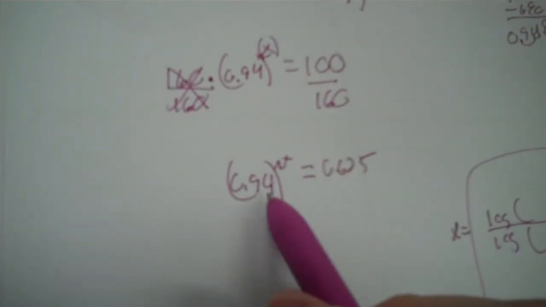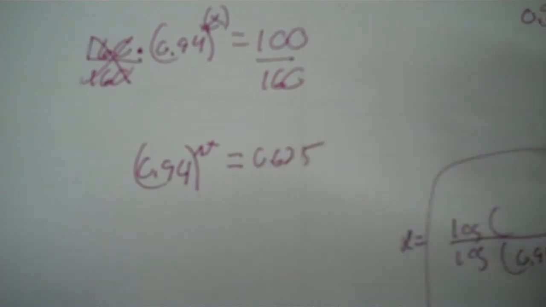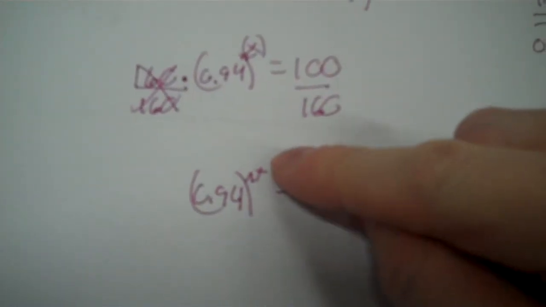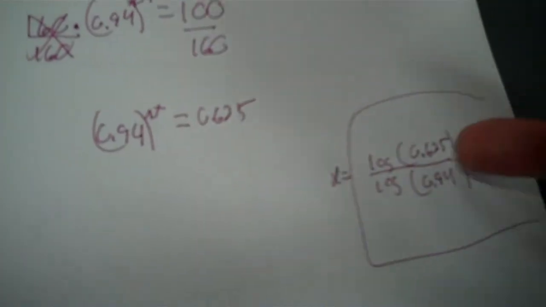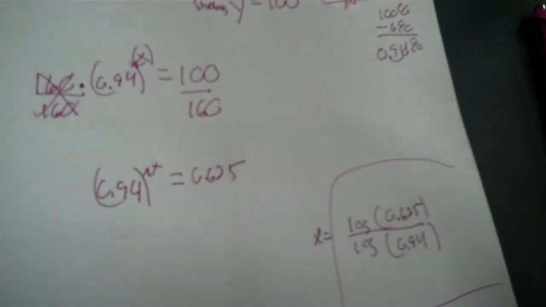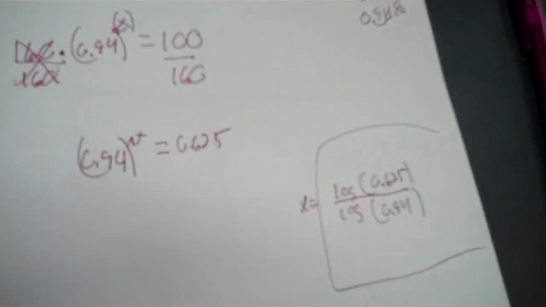Now I'm ready. That goes on bottom. The product that it's equal to goes on top. Whatever is to the x power goes on the bottom. Okay, it's not always necessarily the bigger on top, smaller on bottom. So log 0.625 divided by log 0.94. Okay, I got 8, so x would be 8 years.